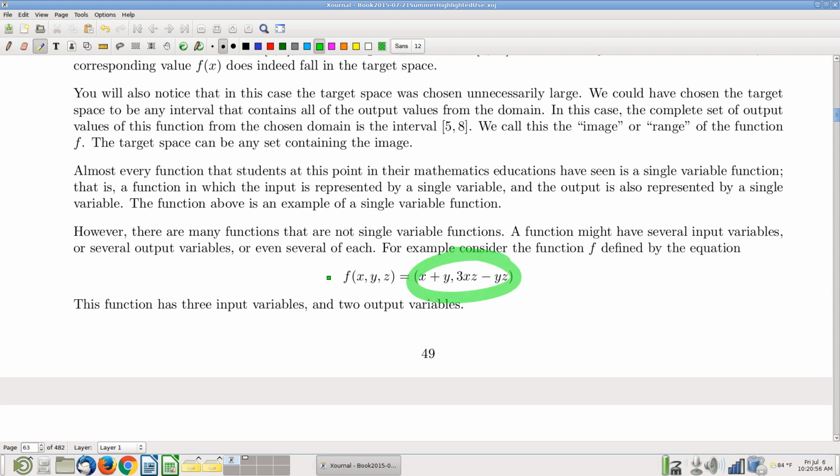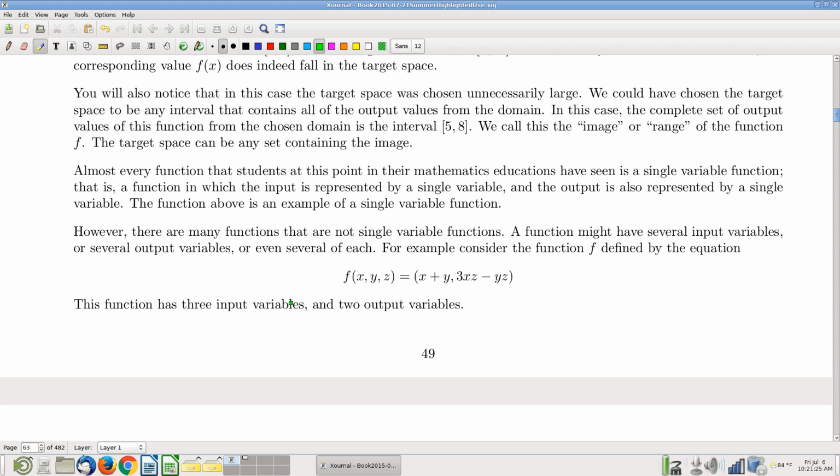Notice that there's two different outputs here. X plus y is the first output, and then comma, and then 3xz minus yz is a second formula. So there's two output variables here. 3 input variables, 2 output variables. Okay, so multivariable functions.